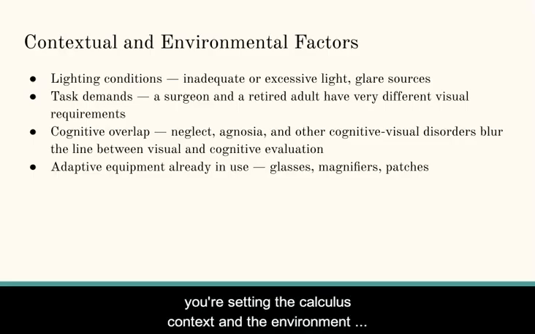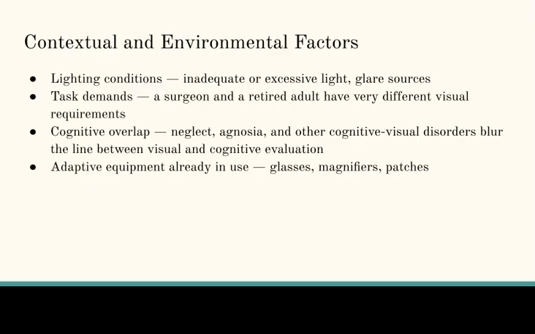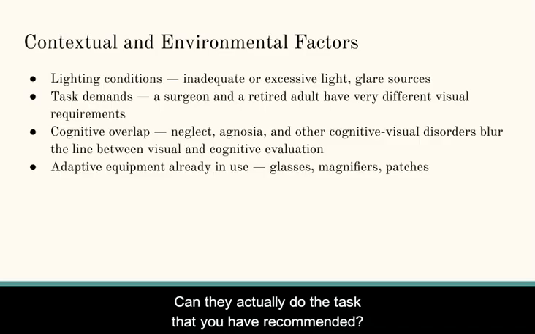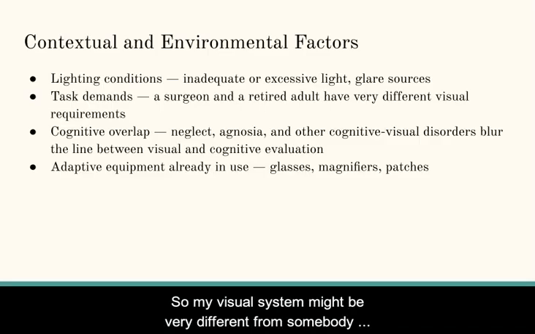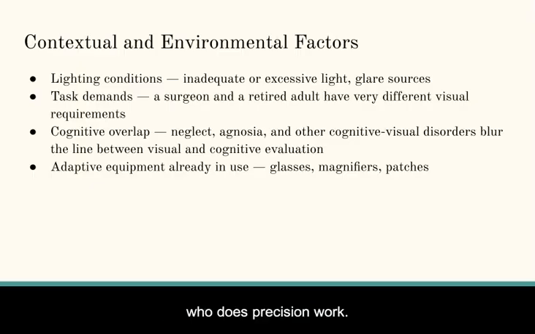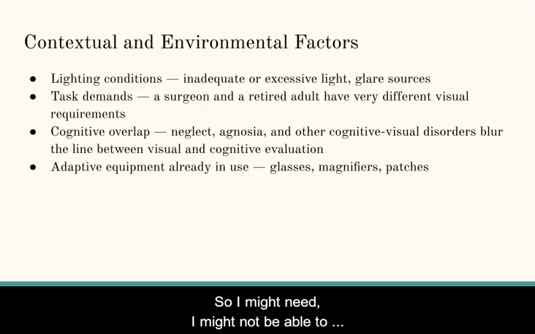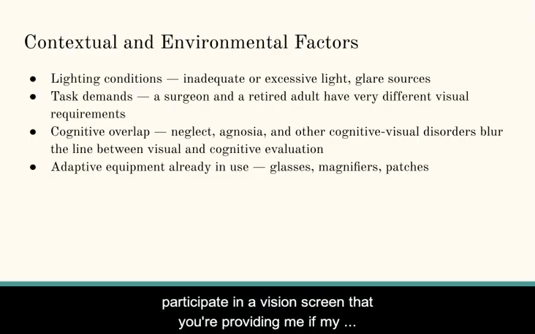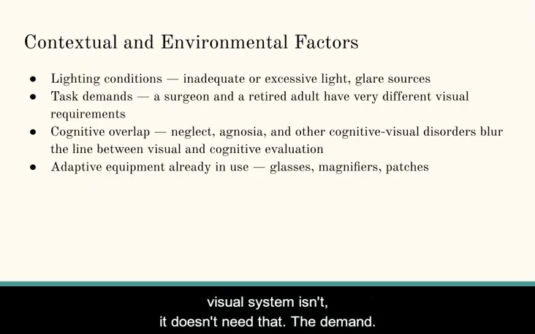And we talked about this a little bit, but really making sure that you're setting the context and the environment up for your client for their ultimate success. So do they have adequate lighting? Can they actually do the task that you have recommended? So my visual system might be very different from somebody who does precision work. So I might not be able to participate in a vision screen that you're providing me if my visual system doesn't meet the demand.